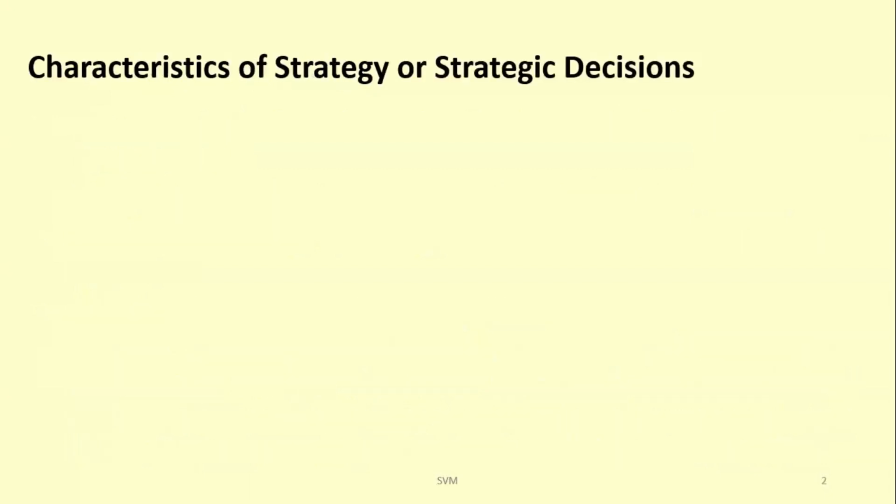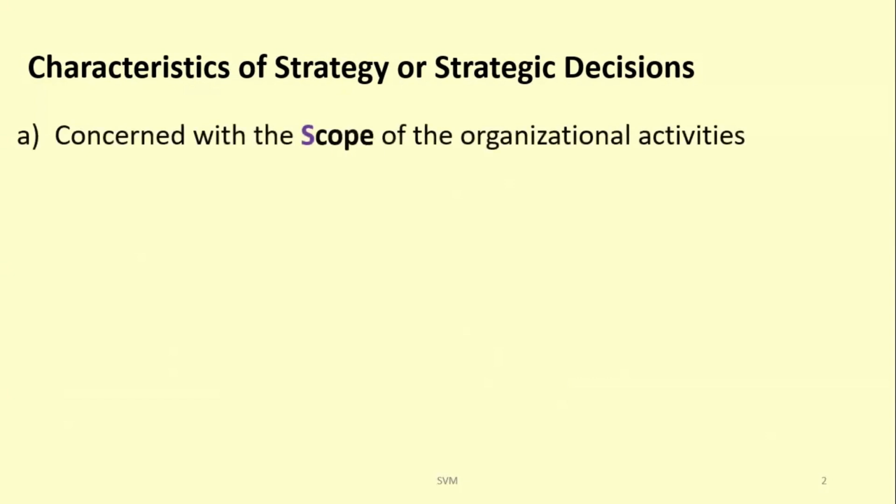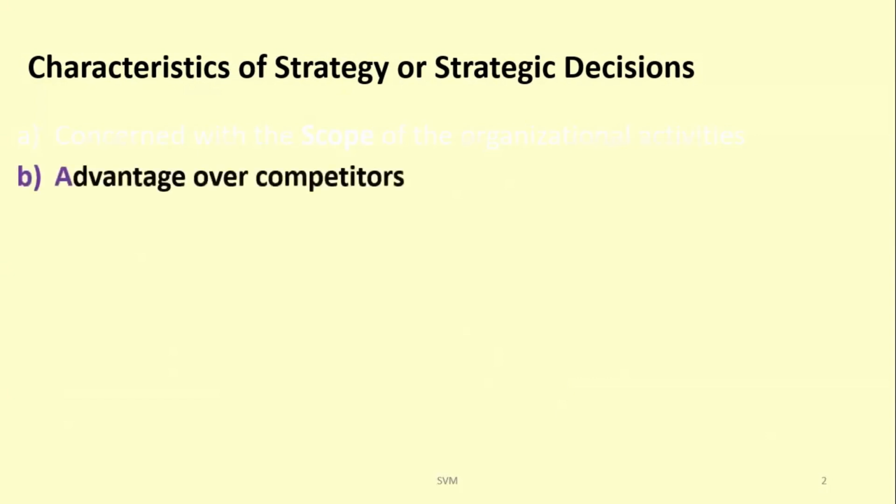What are the characteristics of strategy or strategic decisions? We'll understand one by one. It is concerned with the scope of the organizational activities, the boundaries of the organizational activities. And the main thing in any strategic management or implementation is the advantage over competitors.